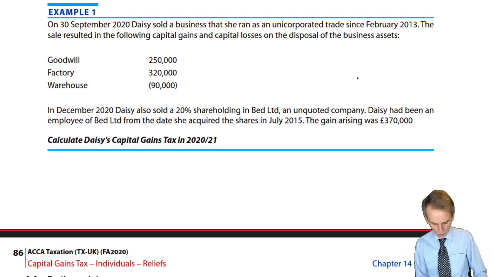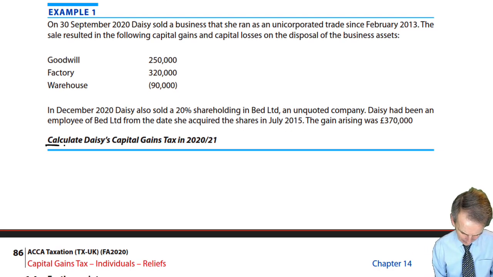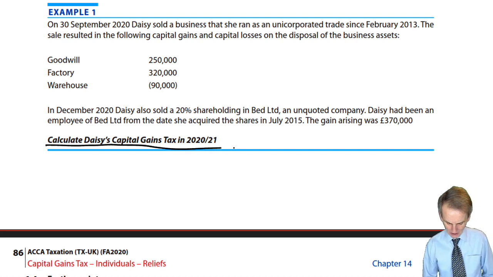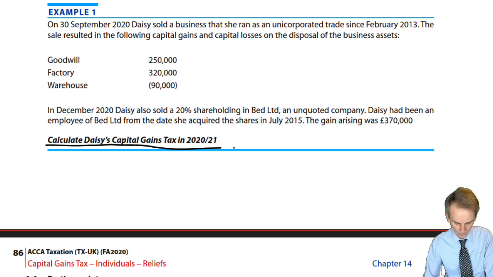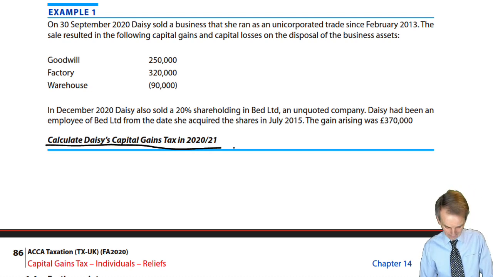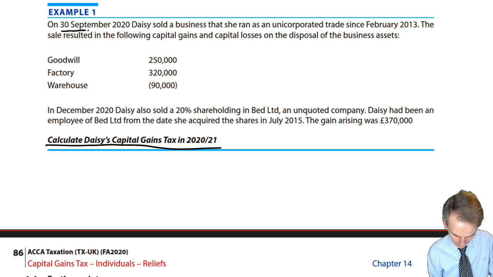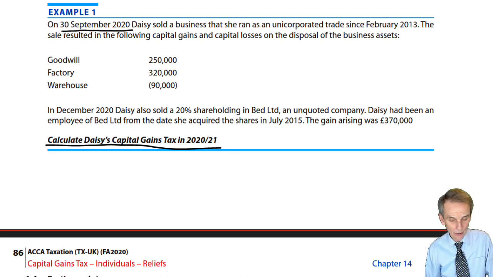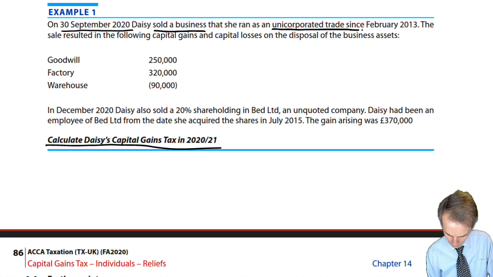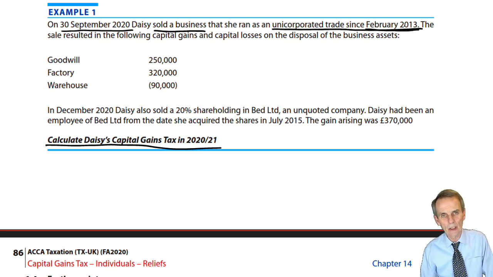Right, example 1 here. To calculate Daisy's capital gains tax in 2021. What have we got? On the 30th of September 20, so yes, in the 2021 tax year, Daisy sold a business that she ran as an unincorporated trade since February 13. What does that tell you?